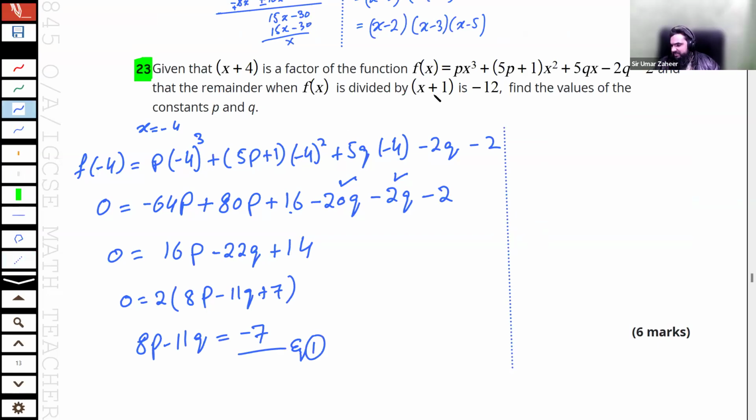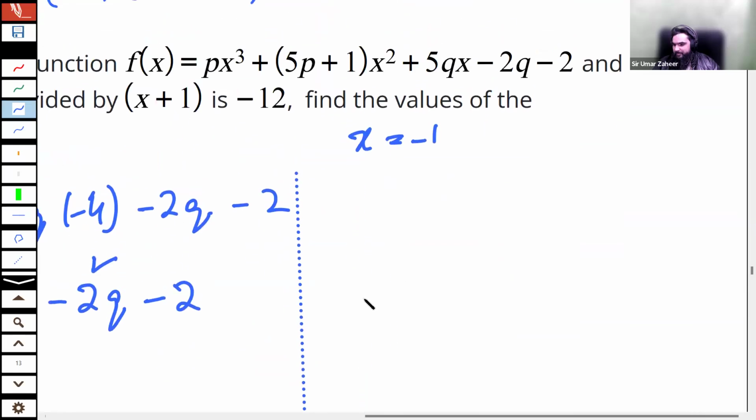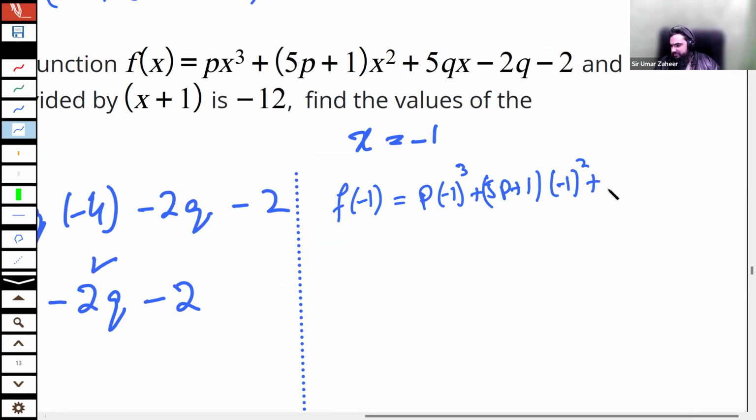For the second value, he says x plus 1, so you have to substitute x is equal to minus 1. So I get f of minus 1 is equal to p into minus 1 cube plus 5p plus 1 into minus 1 square plus 5q into minus 1 minus 2q minus 2.